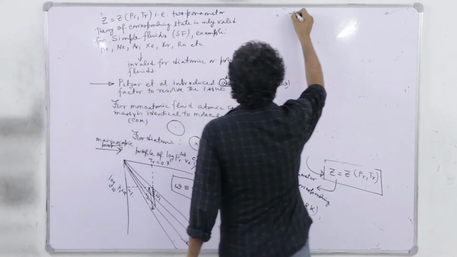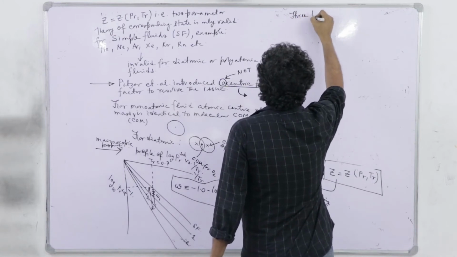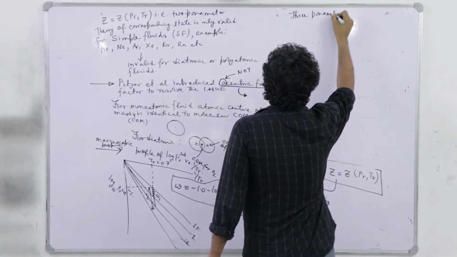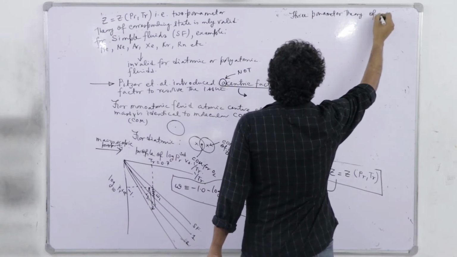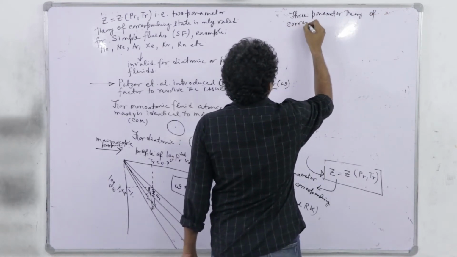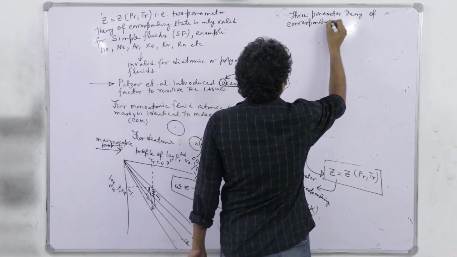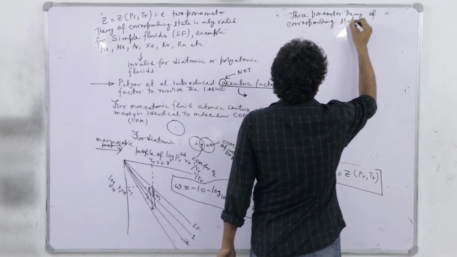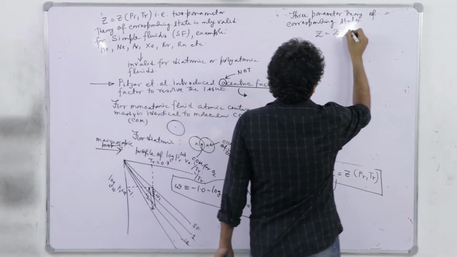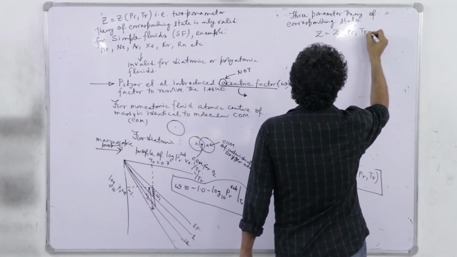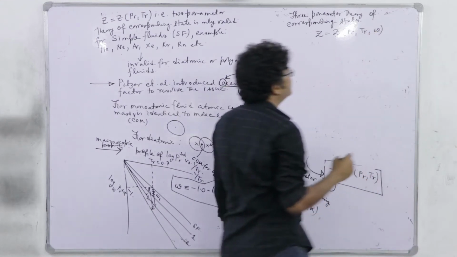So, what is the 3-parameter theory of corresponding states? It describes Z as a function of Pr, Tr and omega.